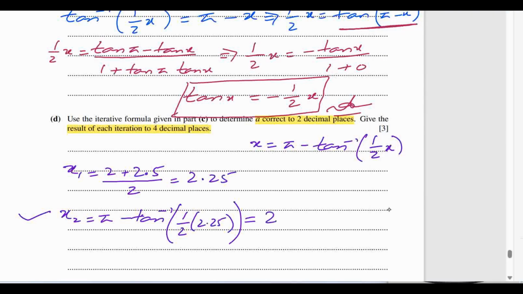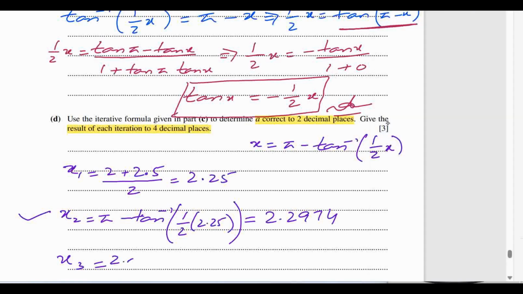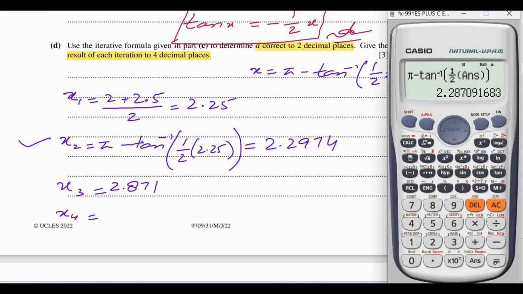So 2.2974. What about x3? No need to do the same process again, simply press the equal to sign. 2.870, so if we round it off, this will be 2.871. Then for x4, we simply press equal to sign: 2.2893.